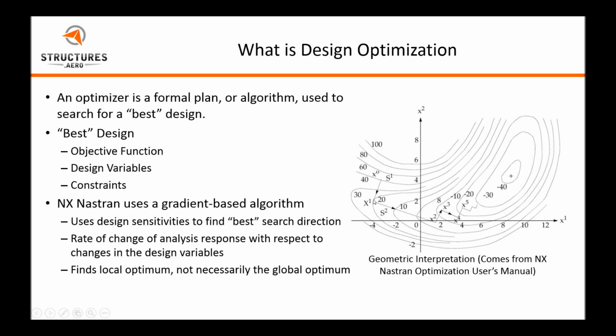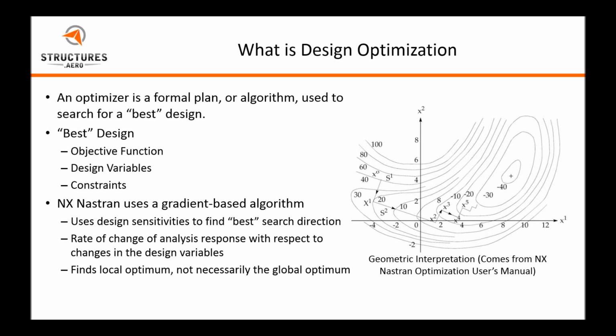If we started the design point over here on our contour plot, our steepest descent direction is found by the optimizer through design sensitivities. You'll notice that direction is perpendicular to the contour that we're lying on. It'll step in that steepest descent direction, search for a minimum in that direction, reevaluate the design sensitivities and find a new steepest direction. That's essentially what NX Nastran, the design optimization solution sequence, is doing in the background.